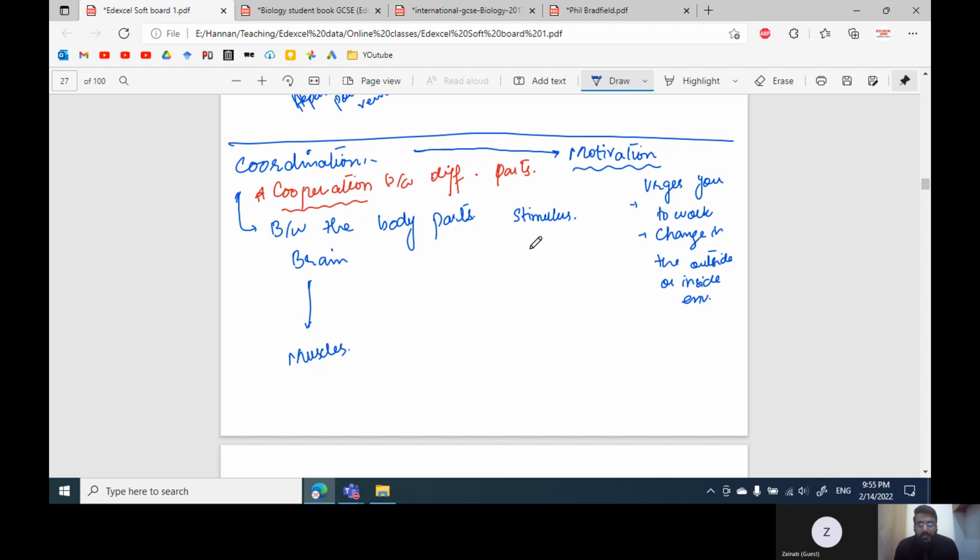That particular change that urges you to work, to show response. Not work, to show response.